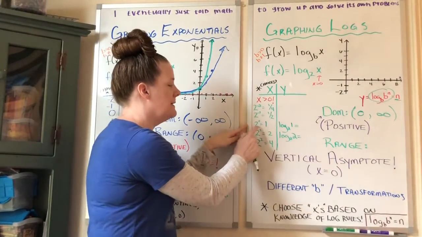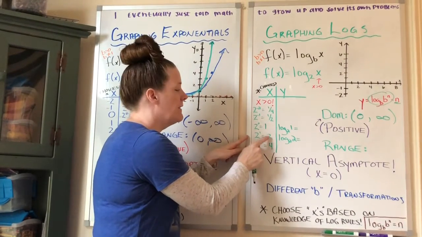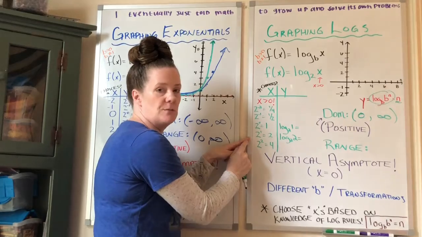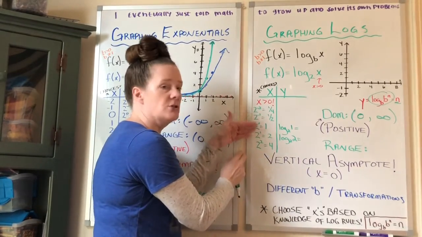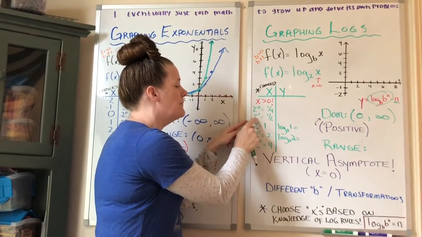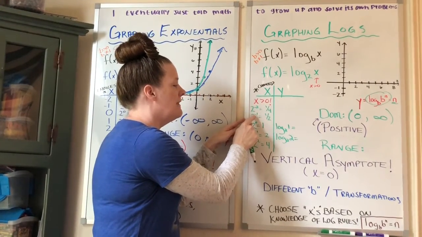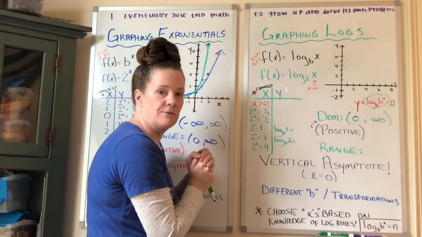For example, the number 1, that's 2 to the 0 power. The number 2, that's 2 to the first power. The number 4, that's 2 squared. But let's also choose some fractions. If I take 2 to the negative 1, that's actually 1/2. Or 2 to the negative 2, that's actually 1/4.